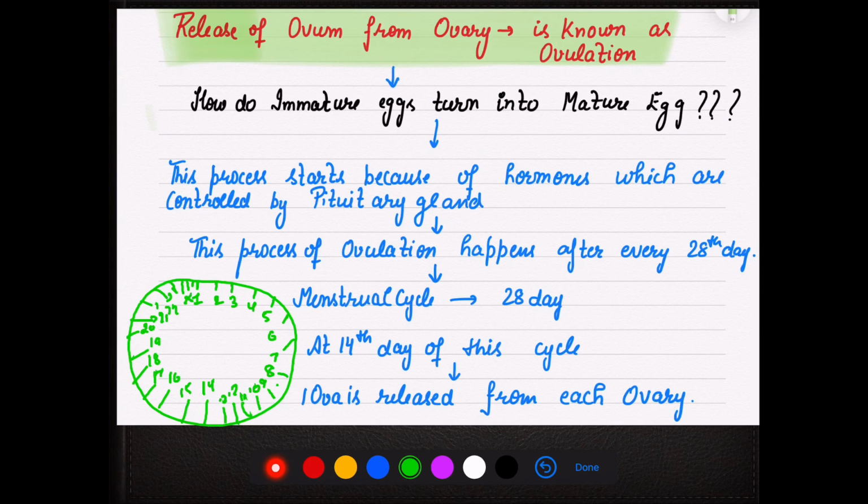So basically this is the cycle which happens there. My main concentration is to tell you that every 14th day of this complete cycle of 28 days, at 14th day of this cycle, ova is released from each ovary, right?